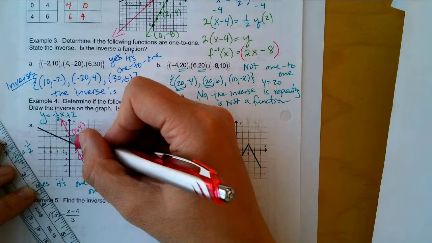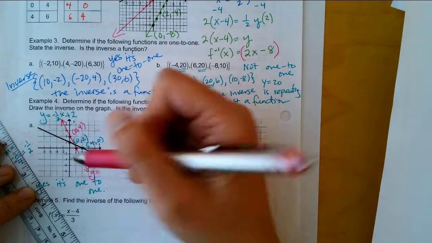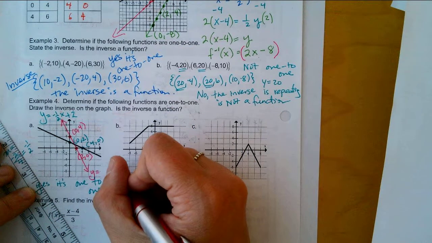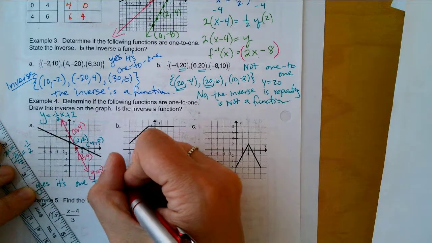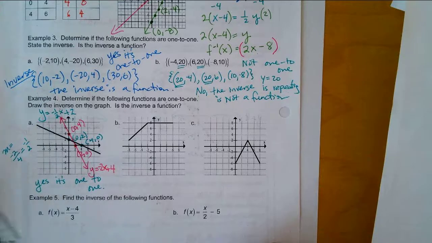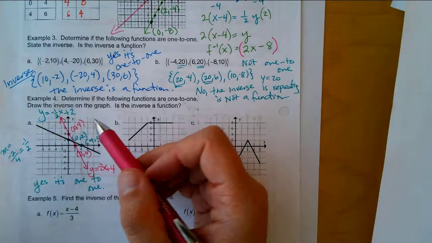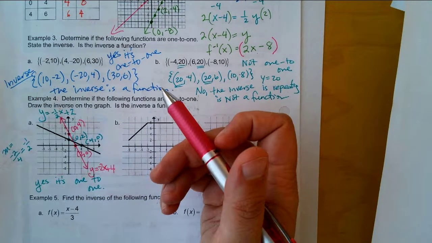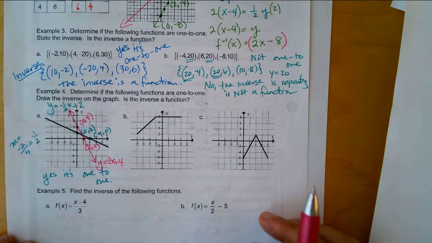I went down 4 over 2, yeah? And my y-intercept is 4. y equals negative 2x plus 4, is that right? And if you were to draw the line y equals x, do you see that it's a reflection over that line? So a couple of different ways to do that.